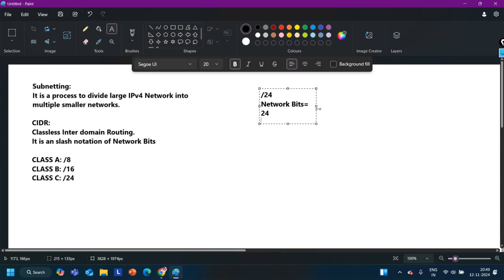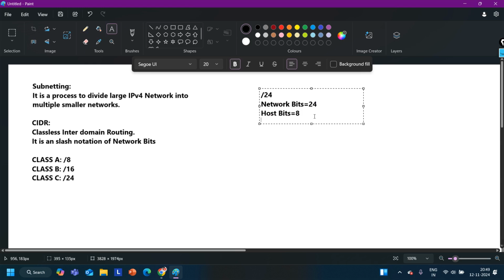That means how many network bits are there? 24. So can you calculate the host bits? How many host bits are there? 8. Yes. The total length of an IPv4 address is 32. Out of a 32-bit IP address, 24 bits are network bits, so definitely 8 bits are host bits, right? And you know how to find the IP addresses: 2 to the power h. Minus 2 is for valid hosts.